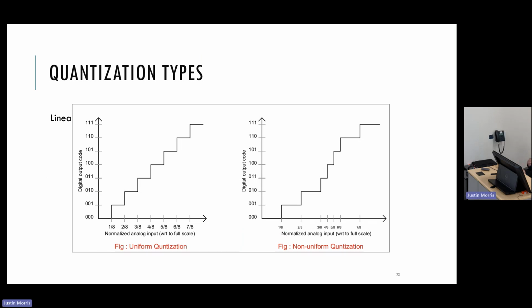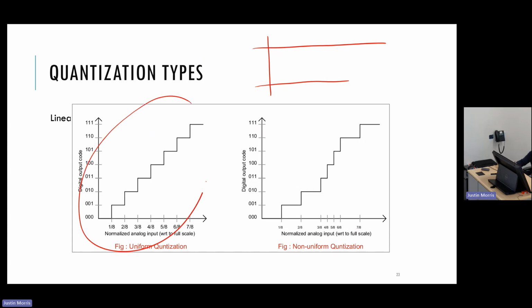But sometimes we know a little bit more about our input signal. Like if we say the distribution of our input signal looks like this, right? That would be a uniform distribution.